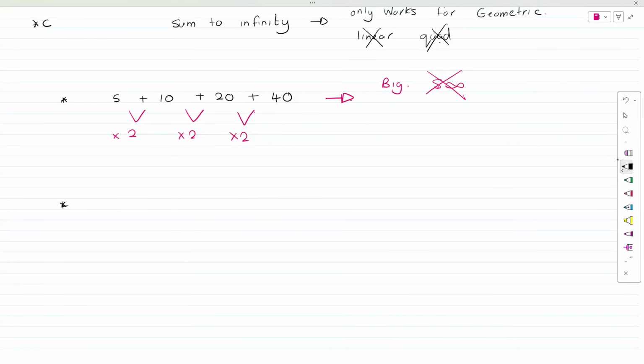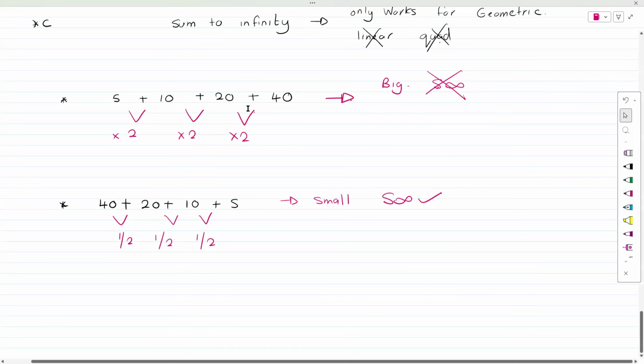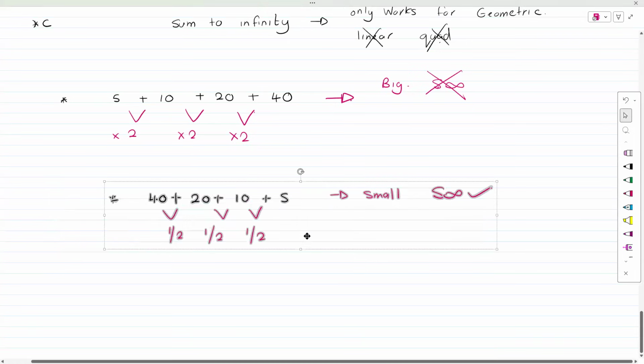If the pattern is getting smaller, I'll teach you guys correctly in a few moments, but if the pattern is getting smaller, and smaller and smaller, and you see it keeps going that way, the sum to infinity works. But please don't go and say this in the exam. It's just for you guys to understand so you don't get tricked. They give you a diverging pattern, you get tricked.